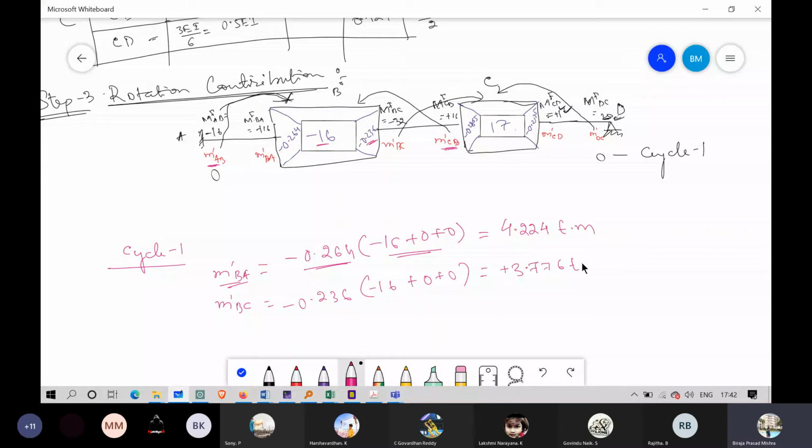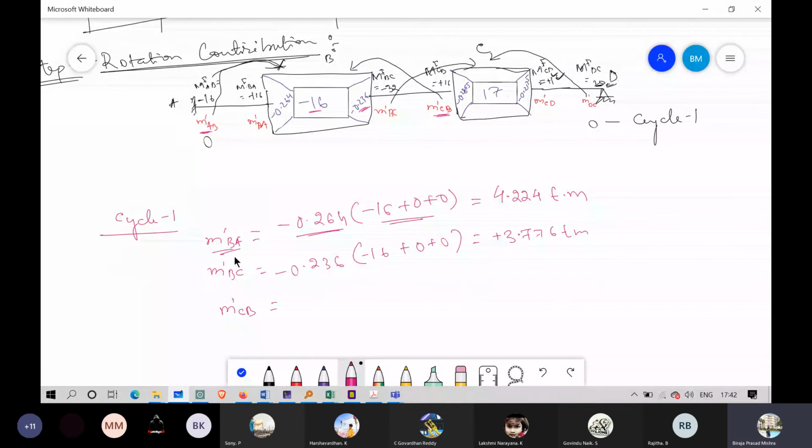Similarly for M dash CB. Sir, can you explain once again how M dash BA is calculated? Yes.